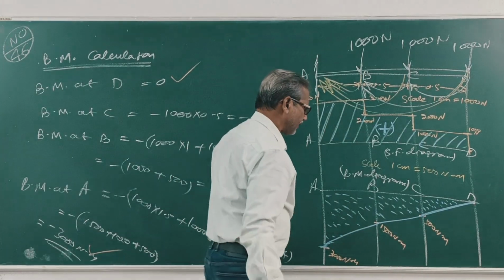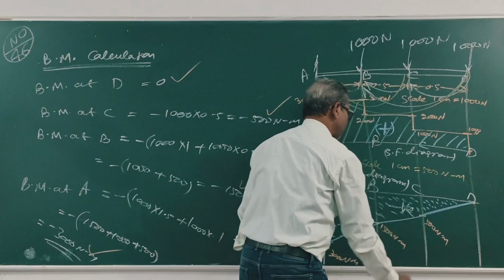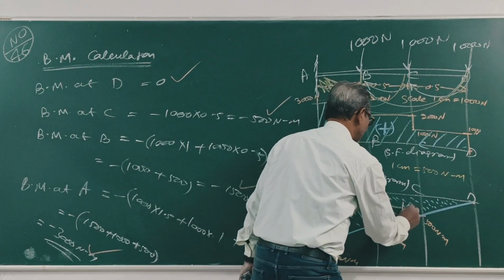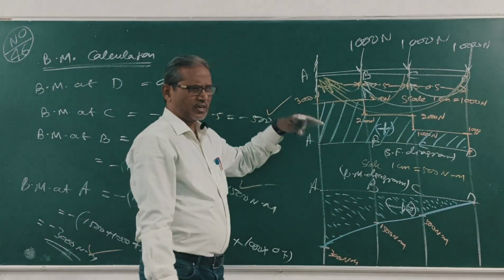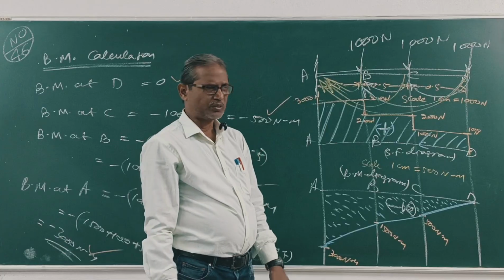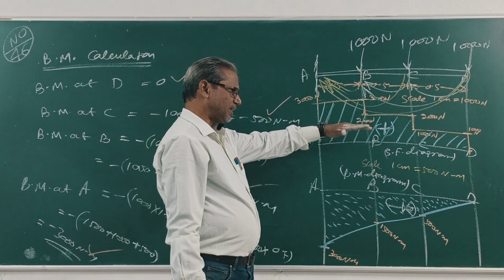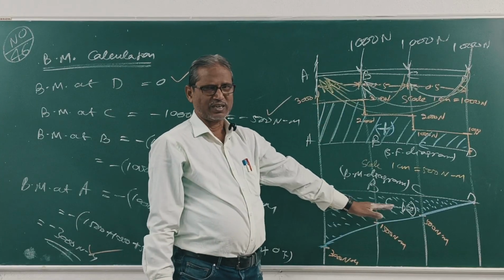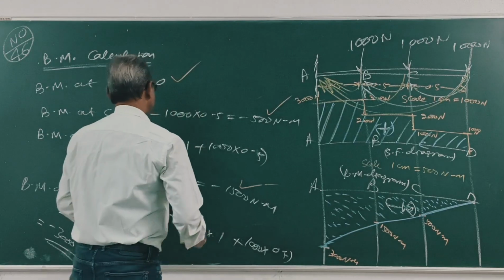All are plotted below the baseline. So this is negative. This is positive. The positive values are taken above baseline. The negative values are taken below the baseline. The shear force is a vertical straight line, the horizontal straight line, and this is an inclined straight line. Clear? Next question, 47.